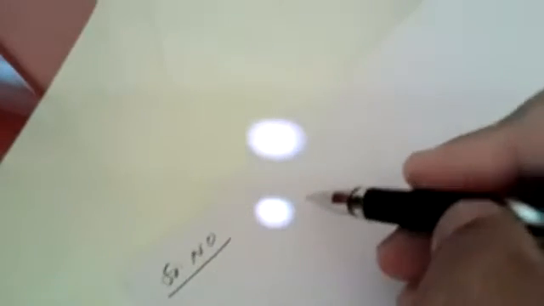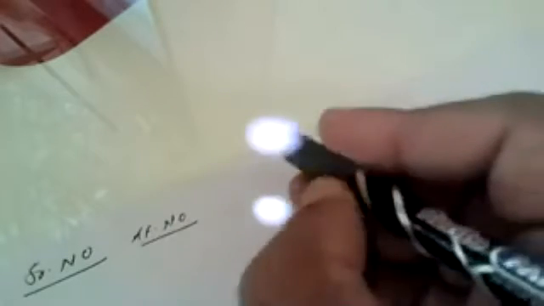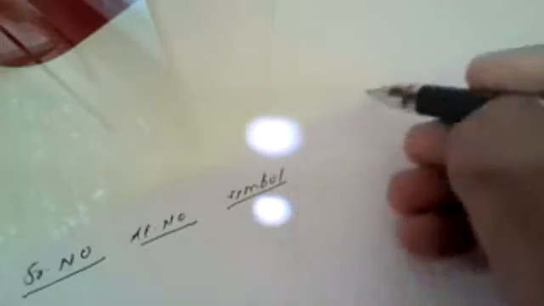You have to prepare the first column as the serial number. First column, you have to write side by side in your notebook. Then the second column is the atomic number. Then the symbol. Then you have to prepare the name of the element. Otherwise, you will not be familiar with the names and the electronic configuration.